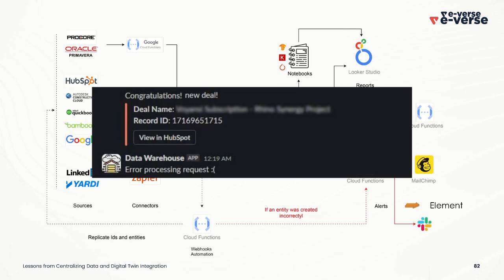Something like this would happen if you create a new deal and there was a problem. This is Slack, and it will tell you, you know what, there was an error processing a request. So they could even get, for deals, for example, live data. So if something is happening bad on the data, you could get this error.